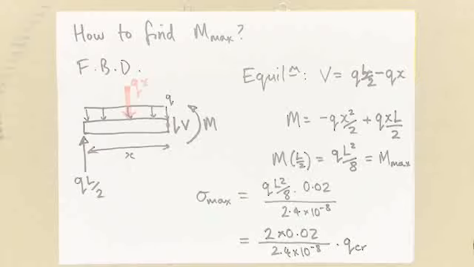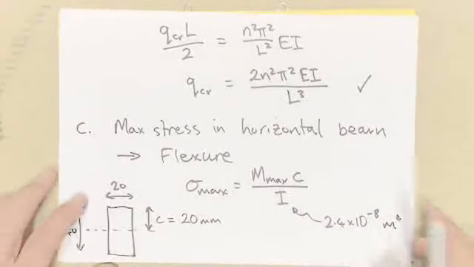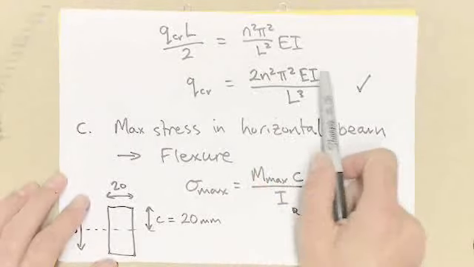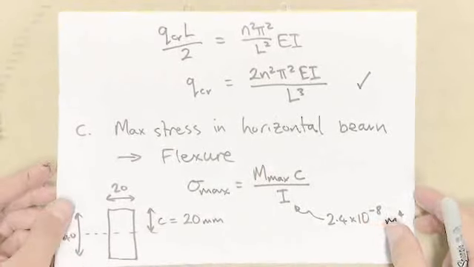Okay, we need to work out what QCR is for this case. If you remember from before, the answer to the previous question was QCR is this value. Now this has got an N in it, which is the buckling mode.